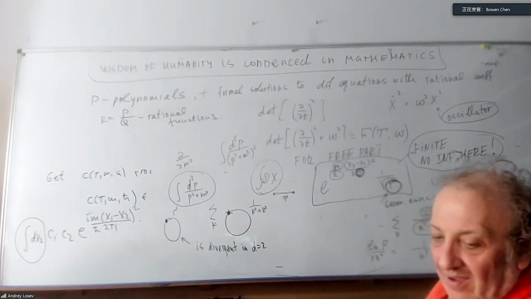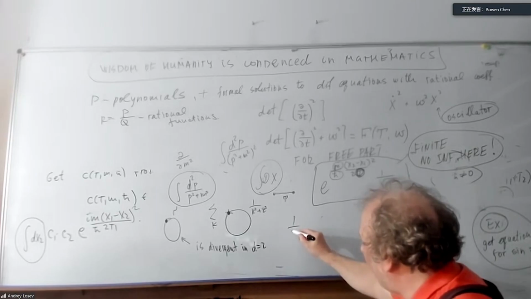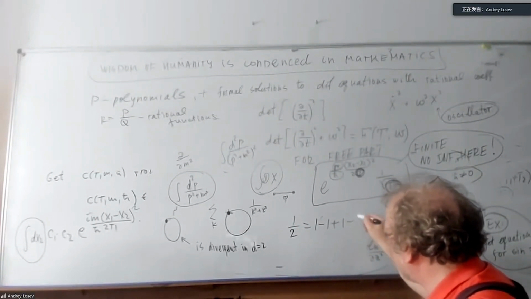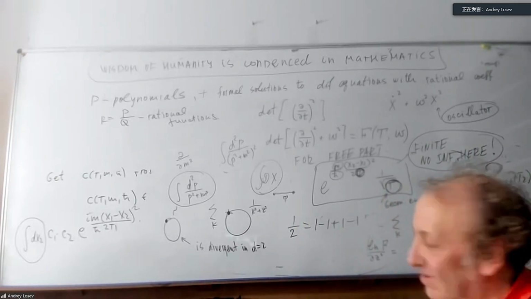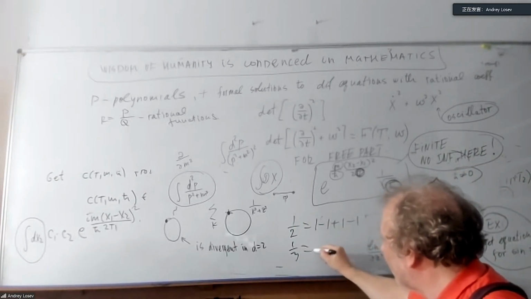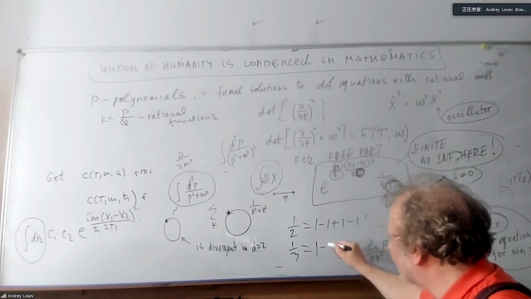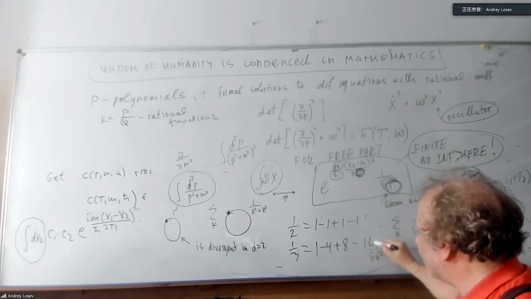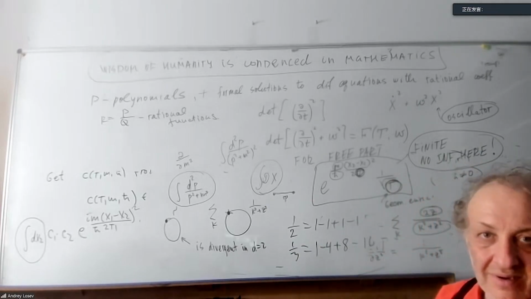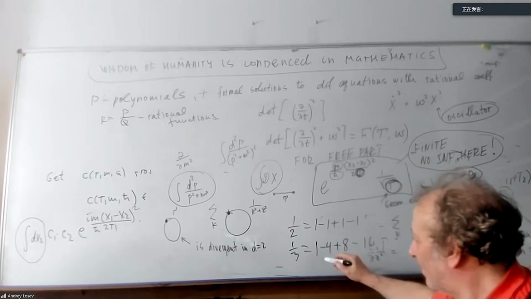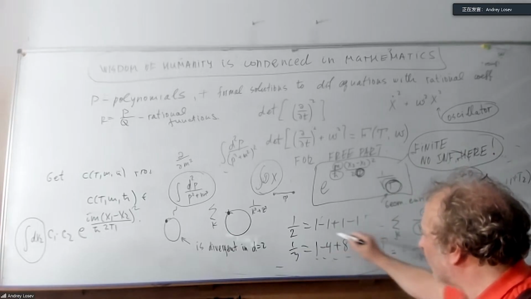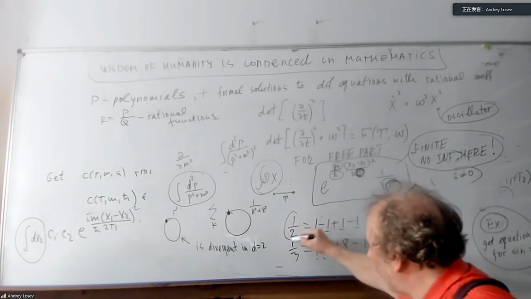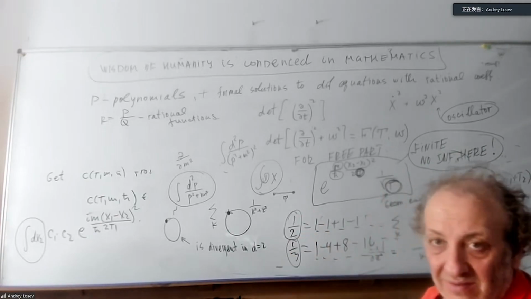Yes, I can get it. 1 over 2 is 1 minus 1 plus 1 minus 1, etc. 1 over 3 is 1 minus 4 plus 8 minus 16, etc. You may think that here we have strong problems, but this is a perfect answer.